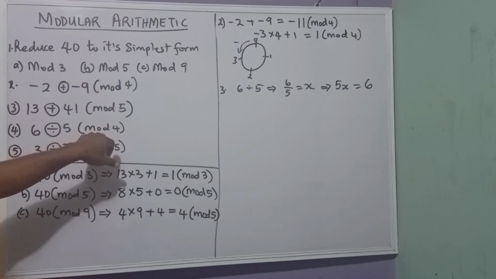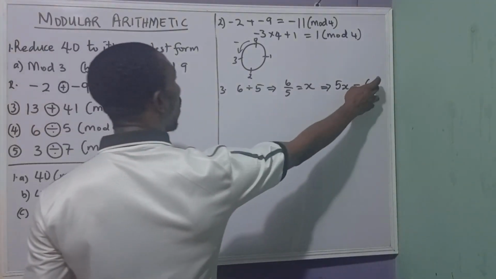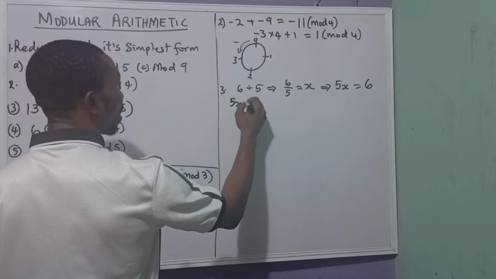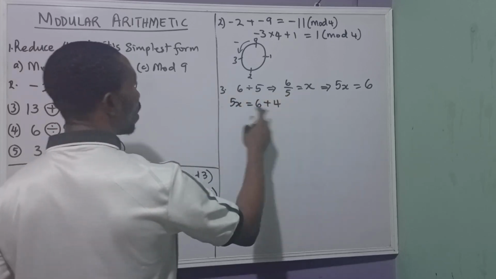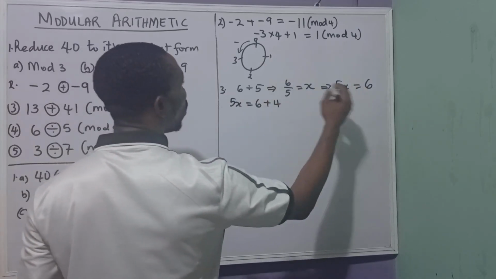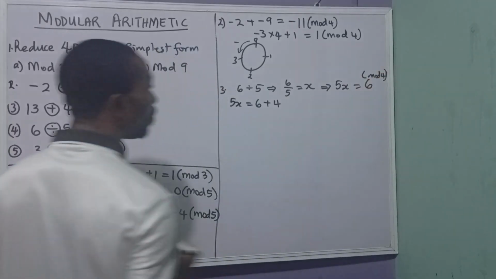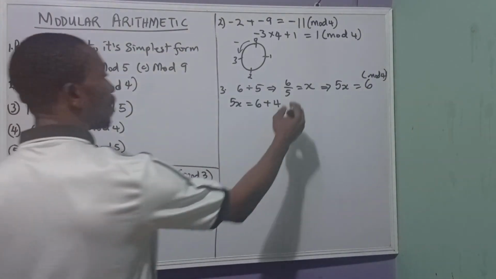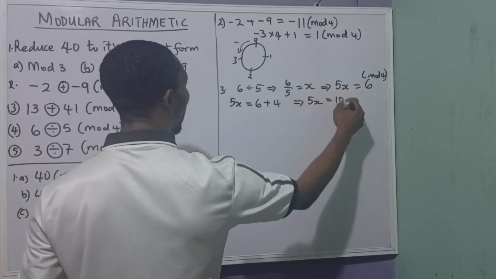This is mod 4. Now, since it's mod 4, we are going to add 4 to our right hand side. This becomes 5x equals 6 plus 4. Okay, since we are working in mod 4, this gives us 5x equals 10.